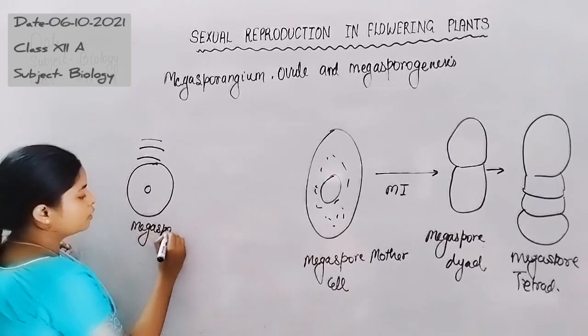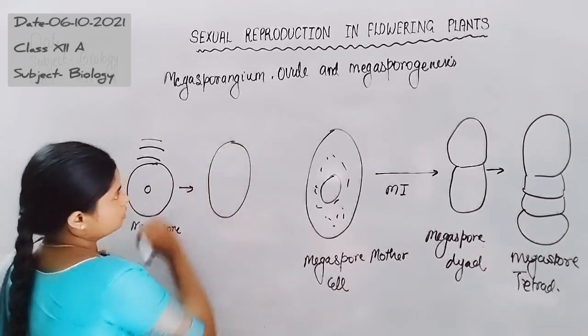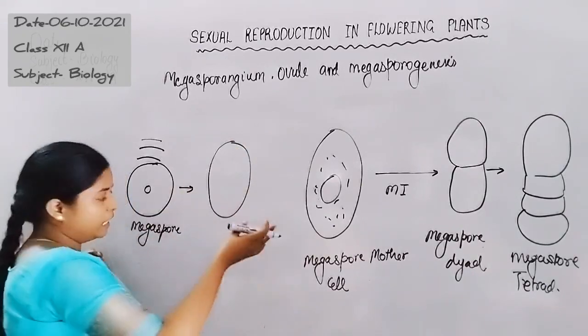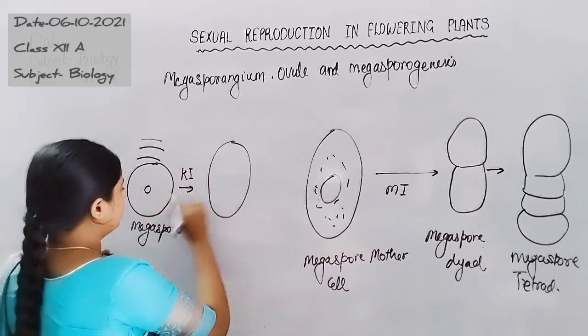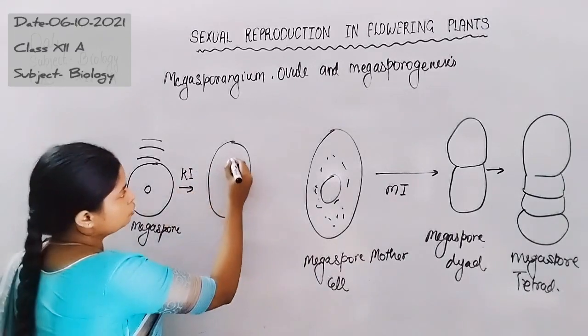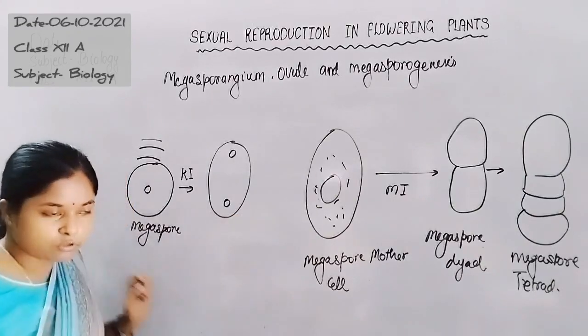Now, the large megaspore undergoes karyokinesis. That means in karyokinesis, first one nucleus becomes two nuclei, and both nuclei move towards the opposite poles.